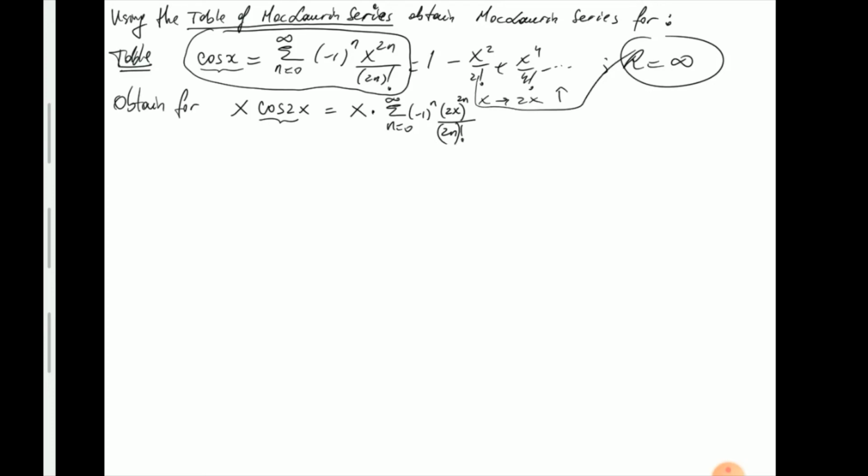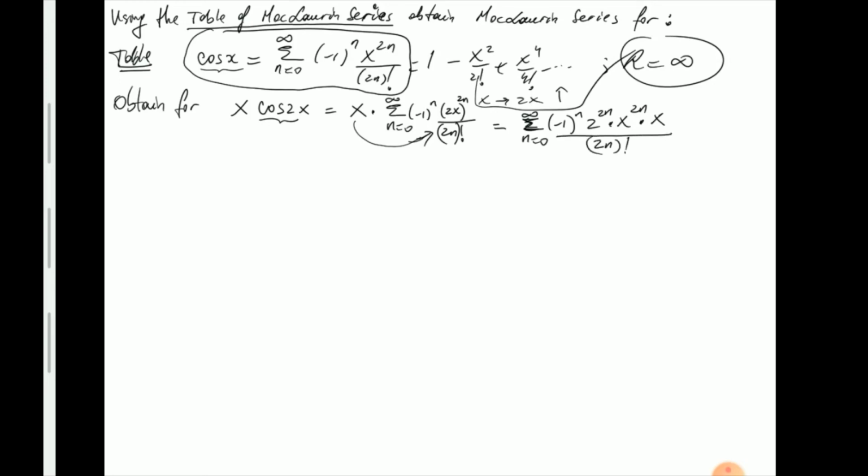So just replace x with 2x in that series. And then any power of x outside the summation, you can bring into the summation and rearrange the terms a little bit to make it look like a true power series. So this will be summation from 0 to infinity of (-1)^n; you want to separate 2^(2n) from x^(2n), which is again multiplied by the external x, over (2n) factorial.